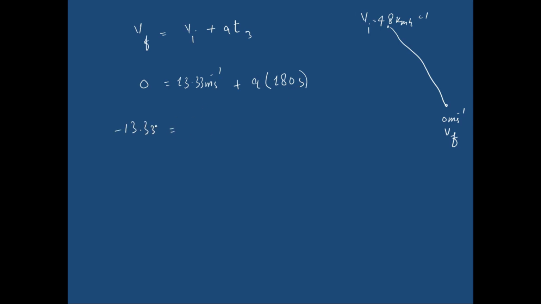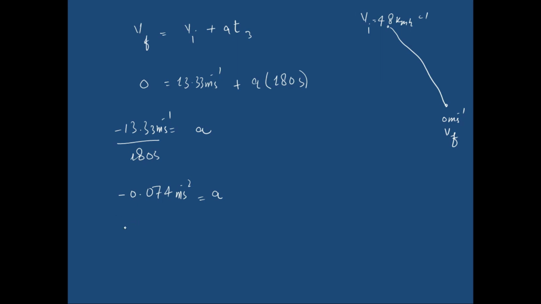So a is negative 13.33 meters per second divided by 180 seconds, which is negative 0.074 meters per second square. This is the retardation for the train.